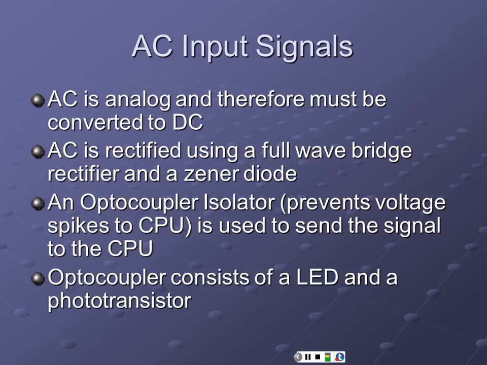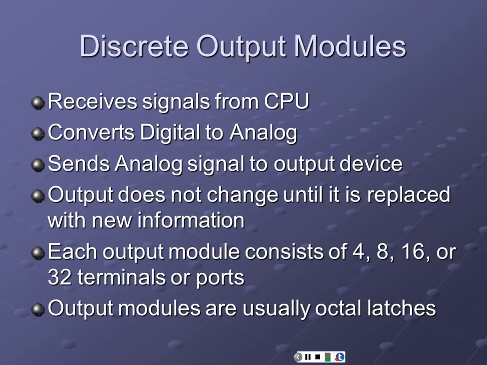It uses an optocoupler to prevent voltage spikes, and an optocoupler has an LED and a photo transistor. And again, if you're in industrial electronics, that will interest you. But we don't have to know it in here, so I'm continuing on.